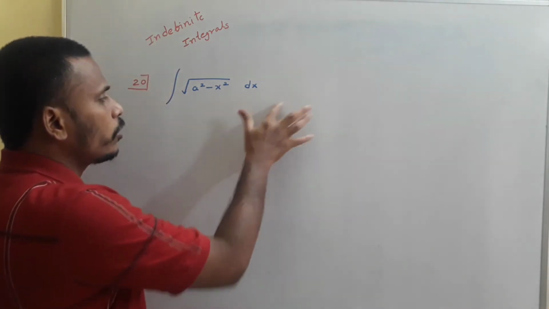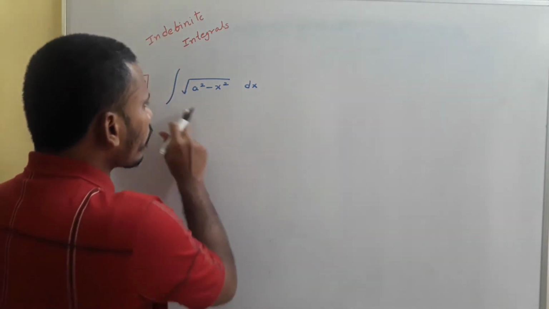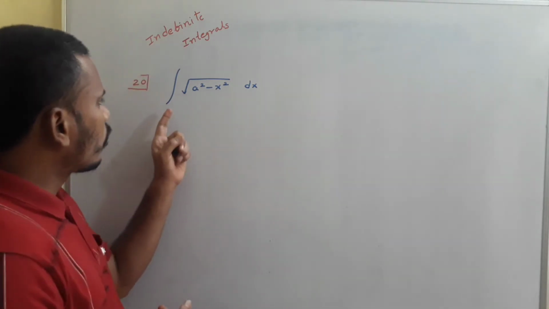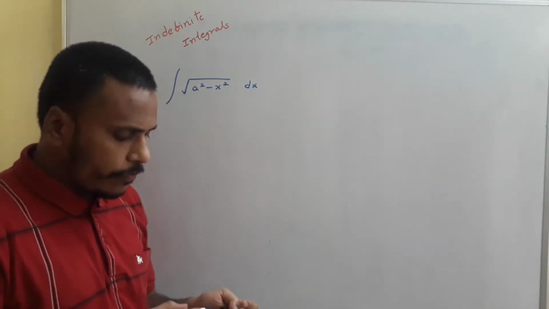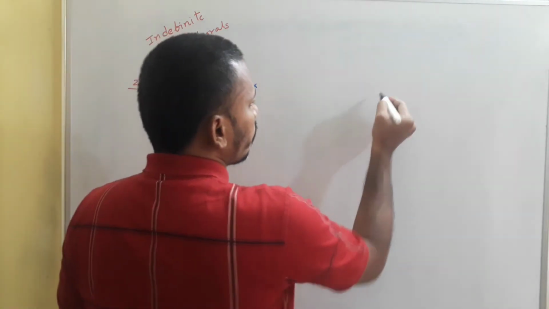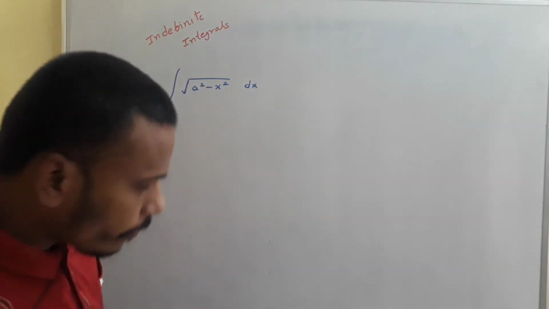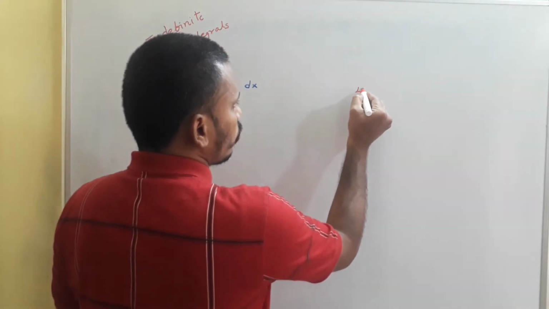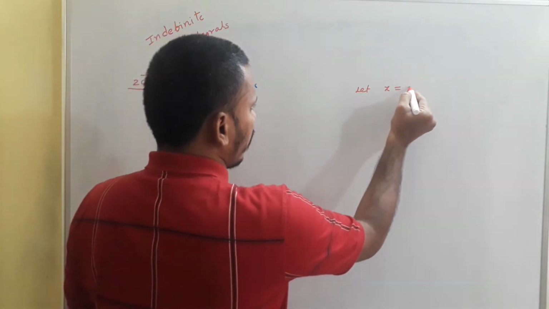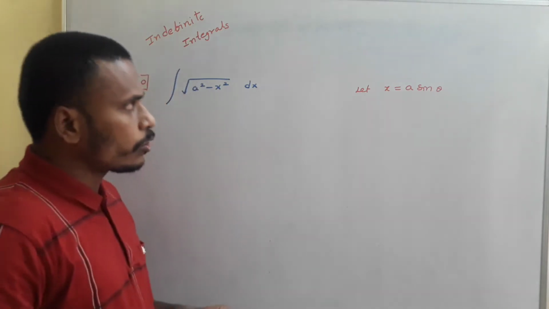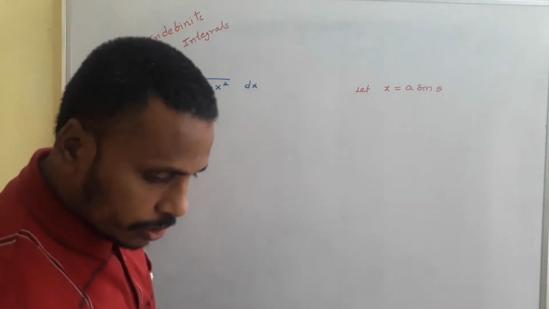As we mentioned in the previous point, if a function involves a square minus x square, then we need to consider x equals either a sin theta or a cos theta. So let x equals a sin theta. x equals a sin theta is the required substitution here.